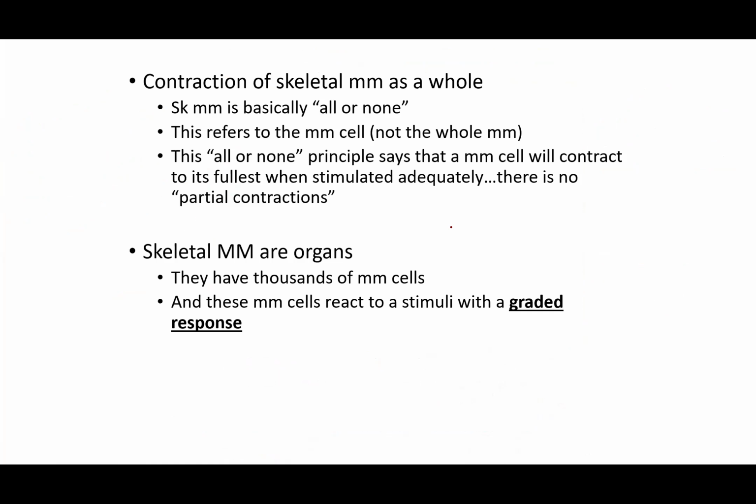This is an all or none response. So once you hit that threshold, it is now all or none. And remember, the threshold is negative 55 millivolts of electricity. Once you hit that, it's going to spike up, spike down, depolarize, repolarize. It's all or none. The whole muscle cell contracts.